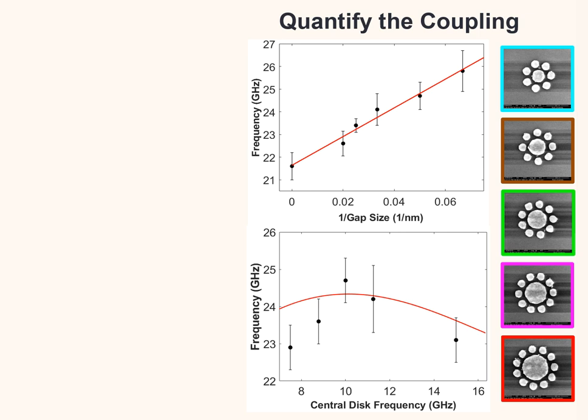And then we found that if it's a surface acoustic wave on a substrate, the propagation is strongly dependent on the frequency. If we change the size of the central disk, we are changing the frequency of the central disk, and then we are changing the frequency of the surface acoustic wave. We found this trend, which does match our prediction.